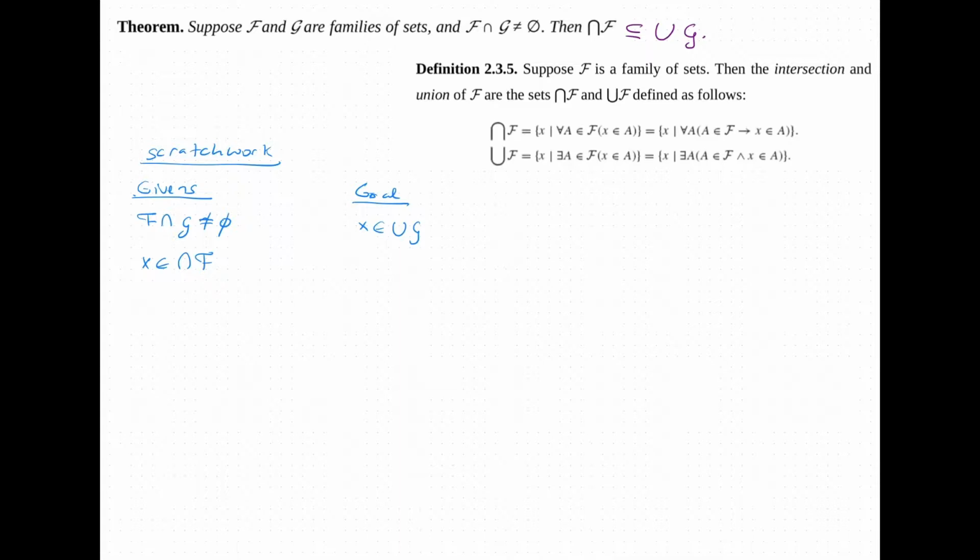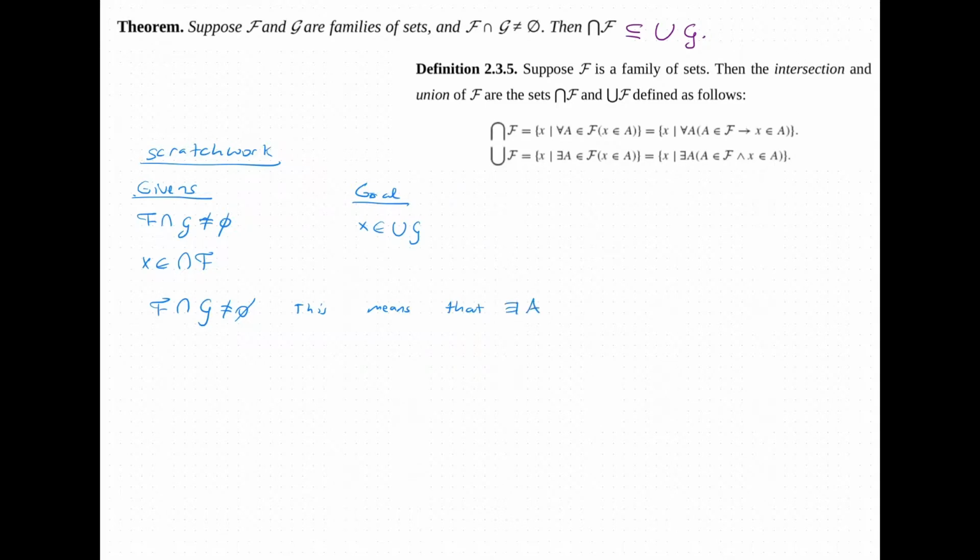So what can we do with these givens? First off, what does it mean for the intersection of the families F and G to be non-empty? This means that they have to share a set in common.